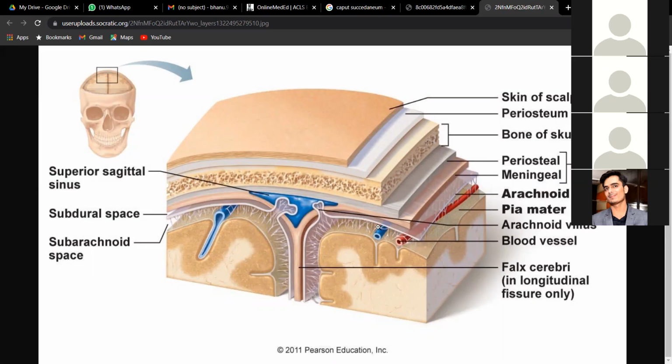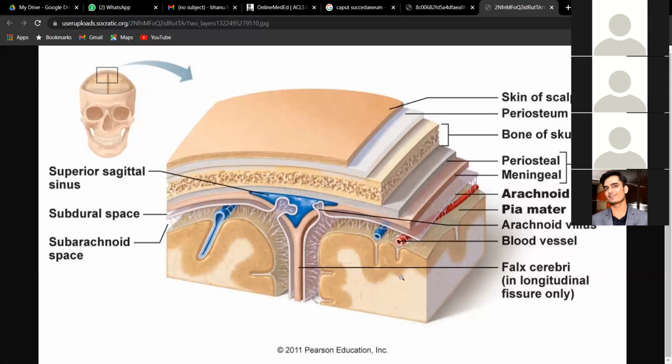The smaller arteries, like the lenticulostriate vessels, which are branches of these arteries, are present in the parenchyma of the brain. Are you getting my point? The larger arteries are in the subarachnoid space, and the branches supplying deeper structures like the basal ganglia are in the parenchyma.